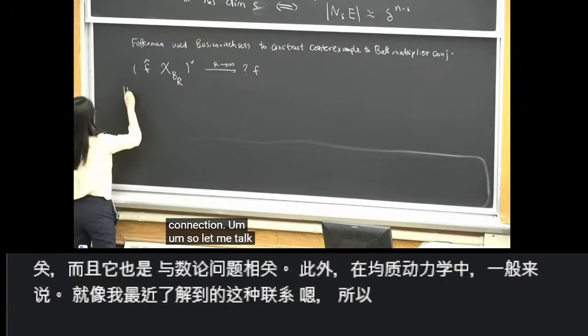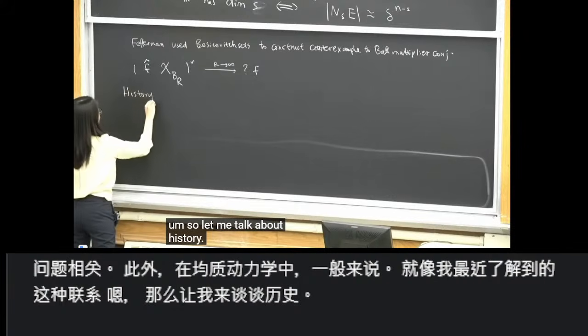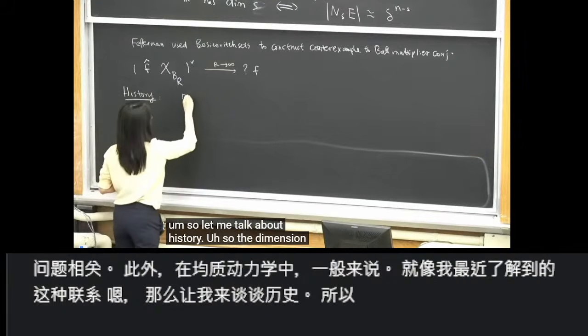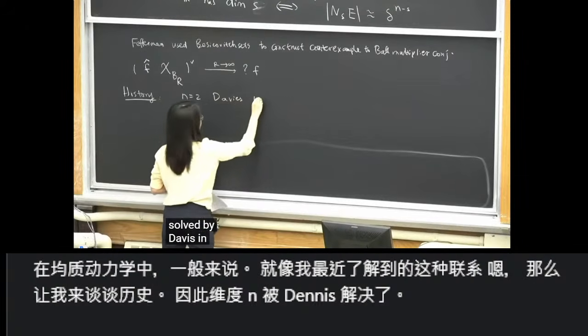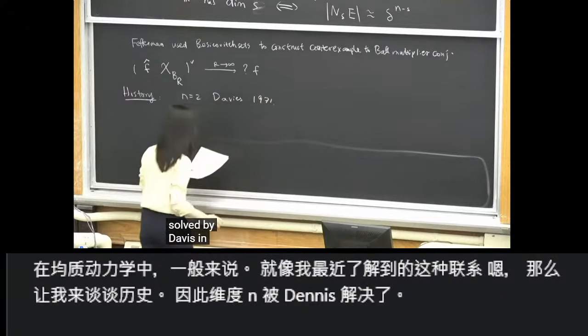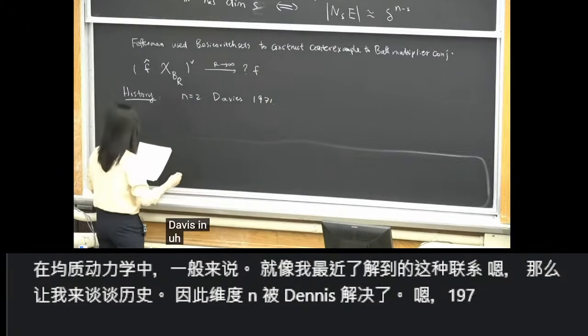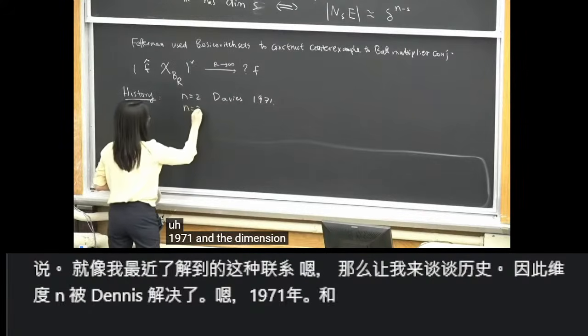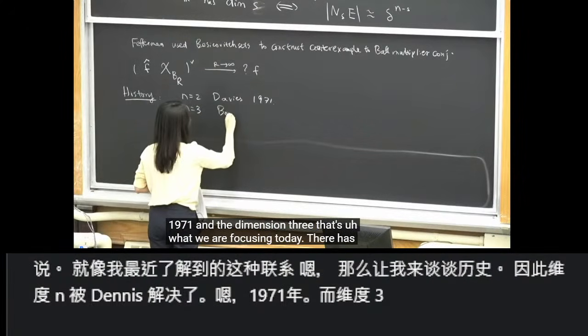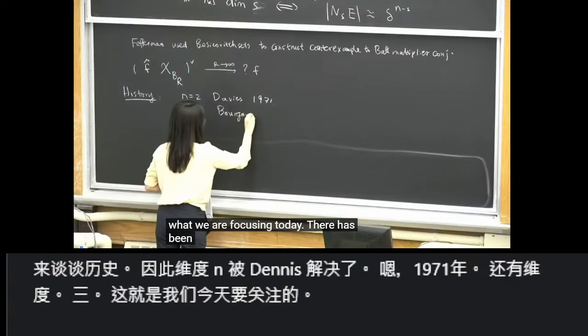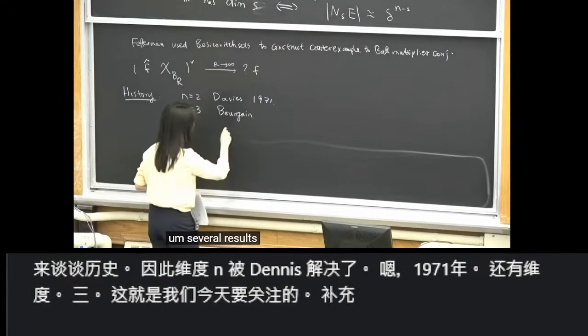So let me talk about history. The dimension 2 was solved by Davies in 1971, and dimension 3 is what we are focusing on today. There have been several results in the past.